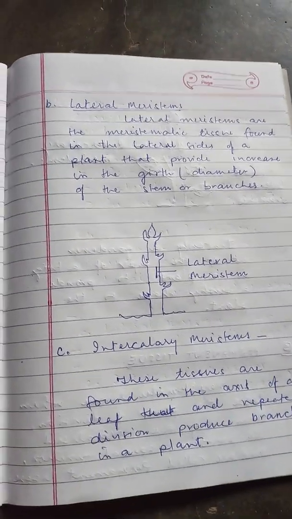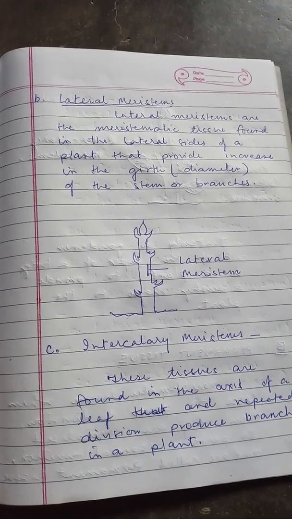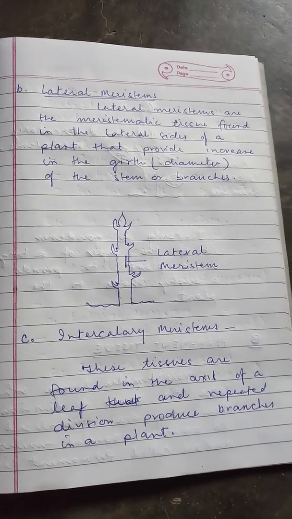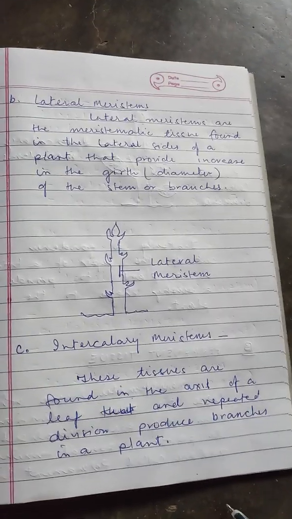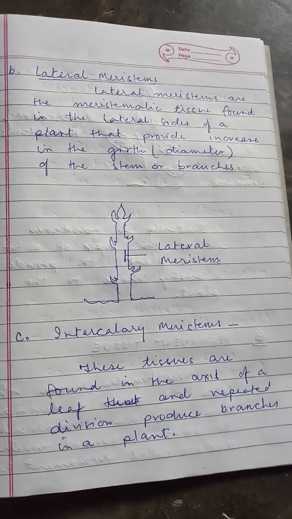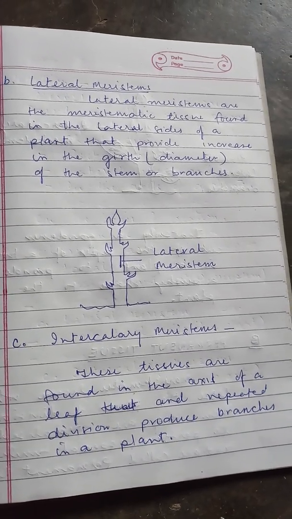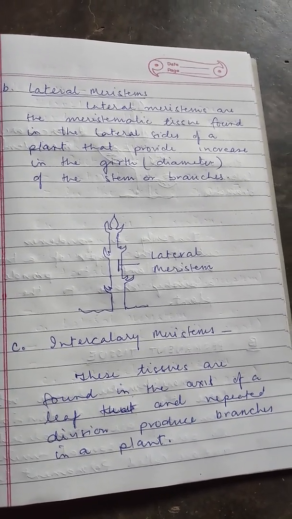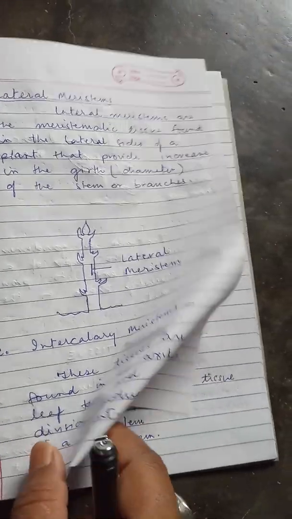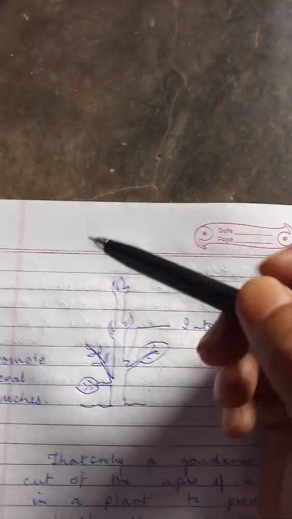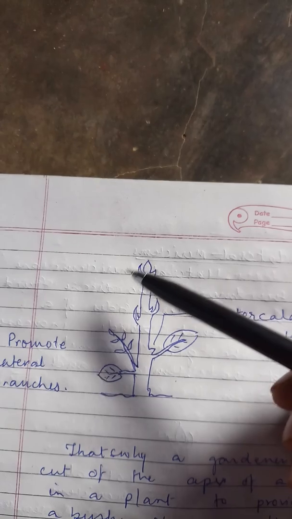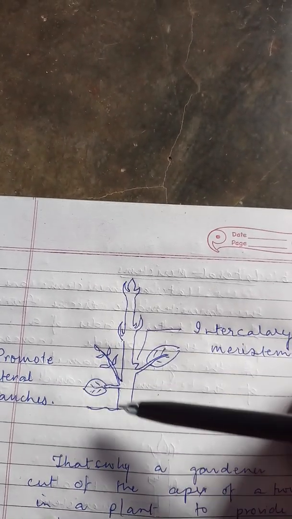Now the third one, intercalary meristem. These tissues are found in the axils of a leaf, and due to repeated division they produce branches in a plant. See how. So this is the shoot part of a plant.